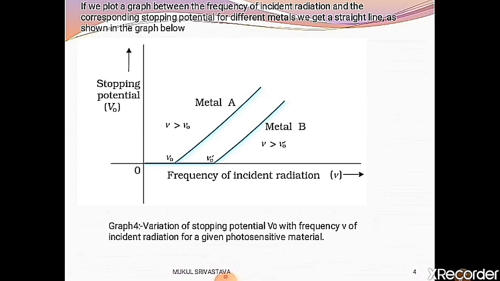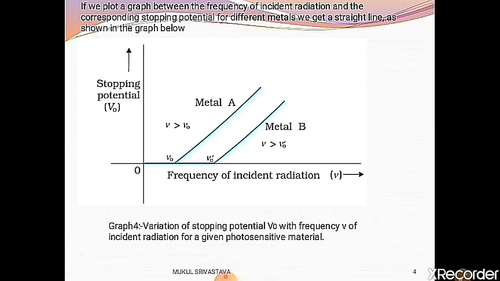Again for metal B, at the cutoff frequency nu naught dash, the stopping potential is again 0. From this graph we get the information that the maximum energy of the photoelectron varies linearly with the frequency of the incident radiation, and it is independent of the intensity.